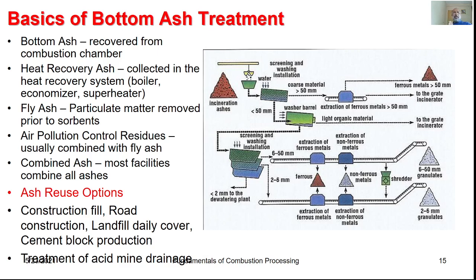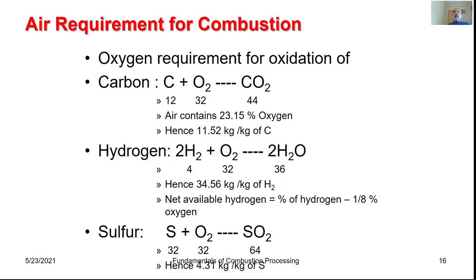One can go for cement block production, and it is also useful for treatment of acid mine drainage. The hazardous content needs further treatment and must be disposed of in a specially made landfill by following specific processes.